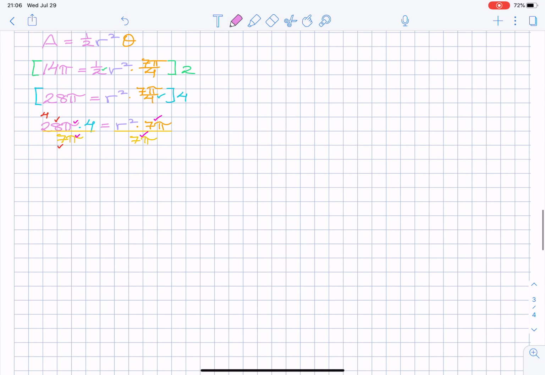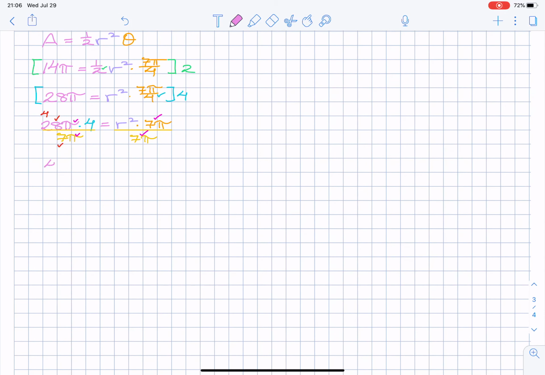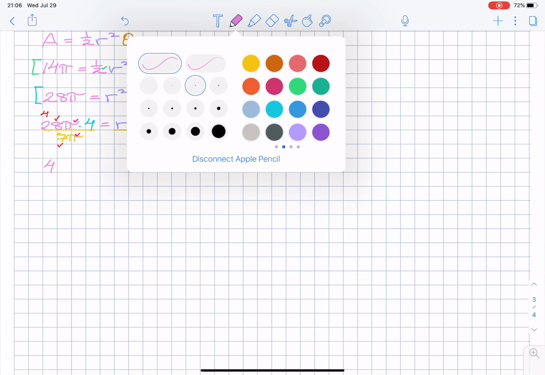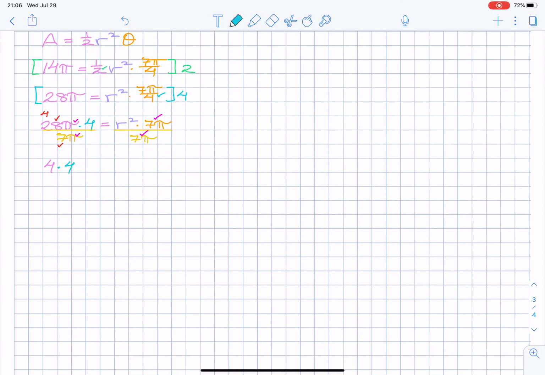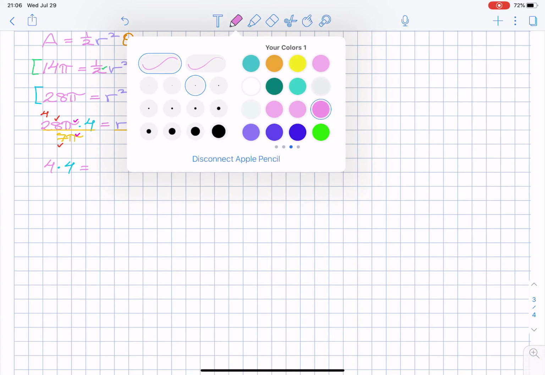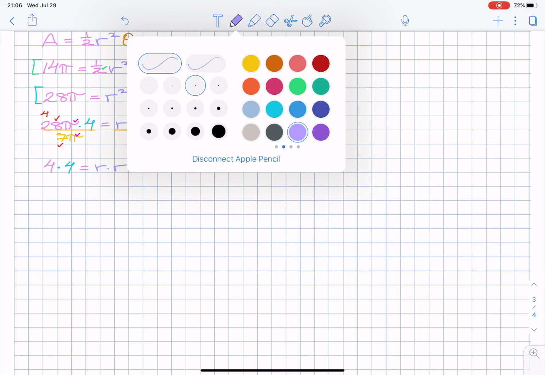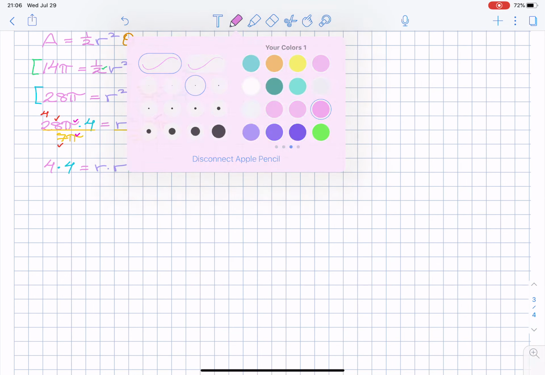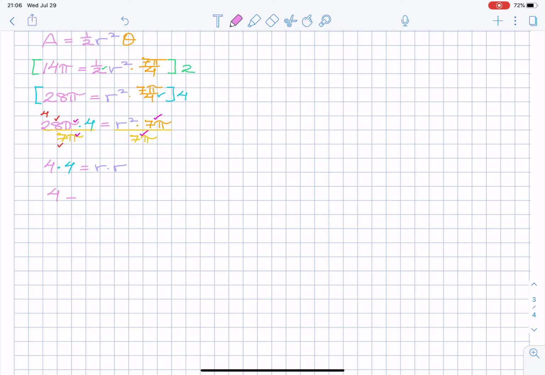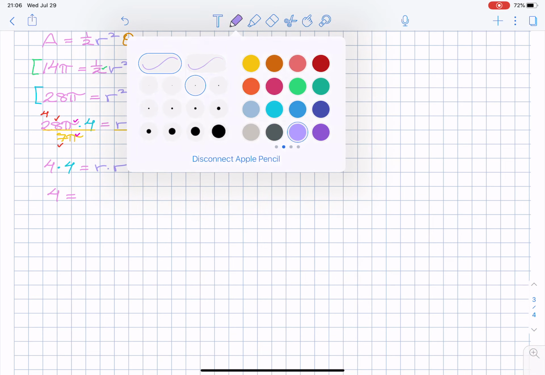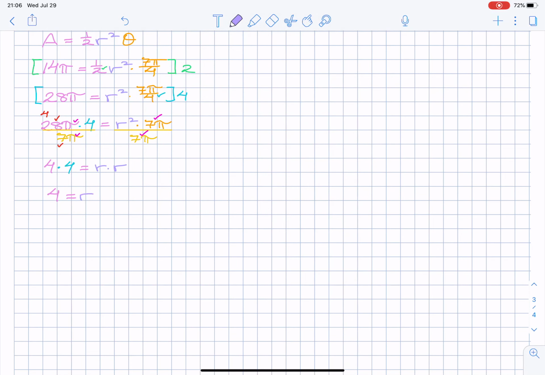I have 4 times 4, which is nice. That's all I have on the left, is equal to r squared. Well, that's radius times radius, right? So I claim that if I take the square root, the radius is 4, which is nice. So 4 is equal to the radius, and there we are. I hope this makes sense, and I will see you guys in the next section.